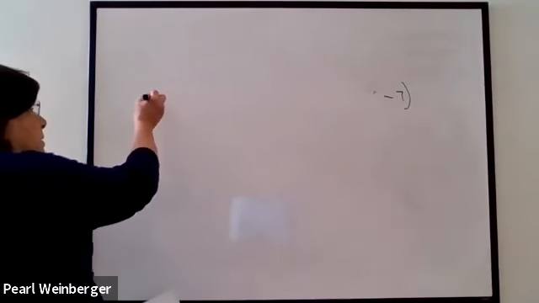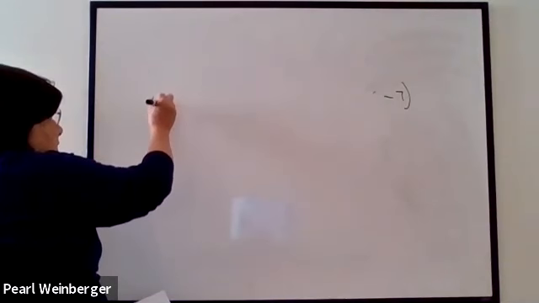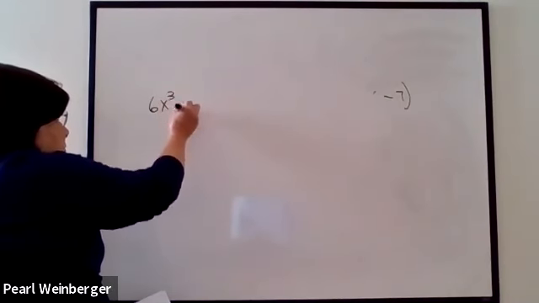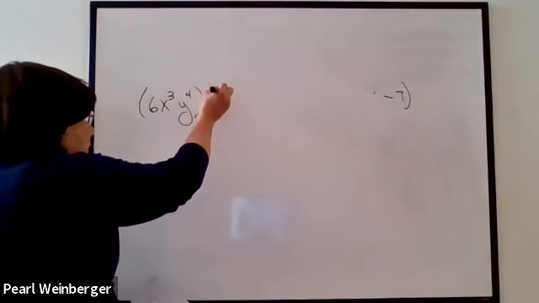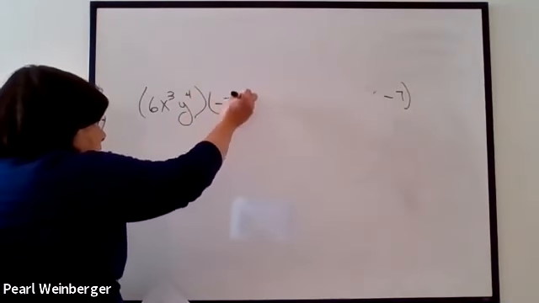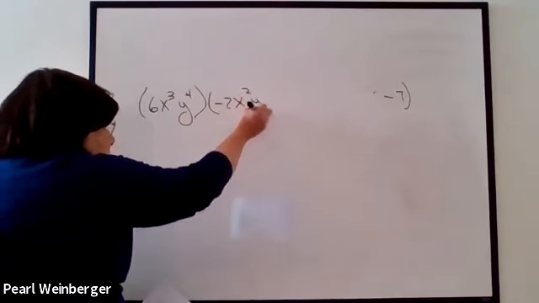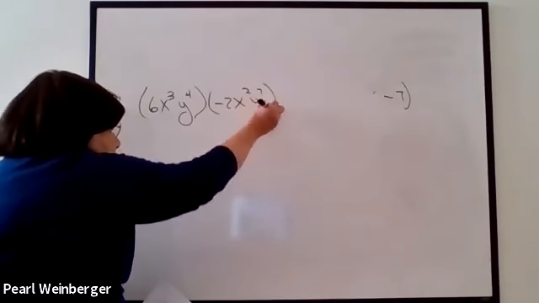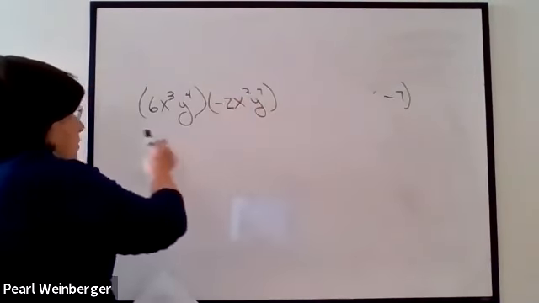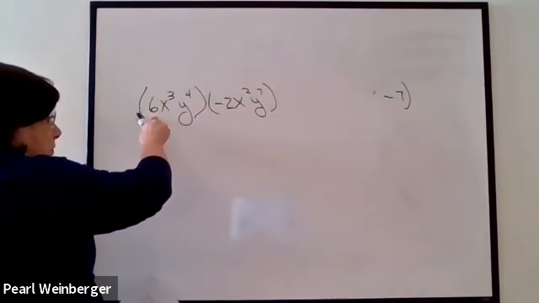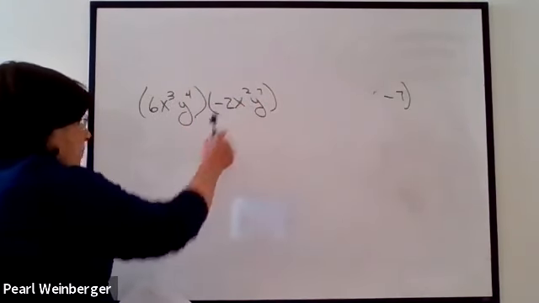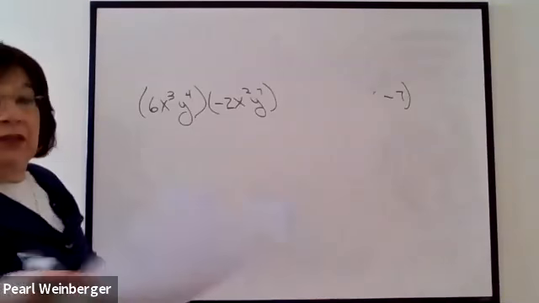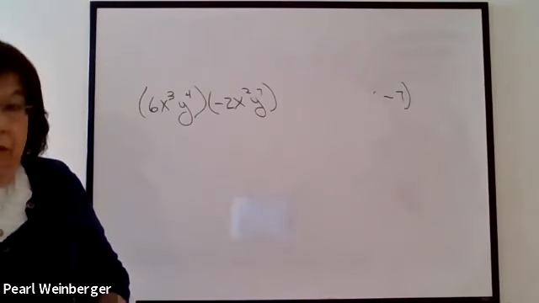Suppose I have something like 6x cubed y to the fourth, and I want to multiply it by negative 2x squared y to the 7th. This is a single term because everything is connected by multiplication. We want to multiply these two monomials together.